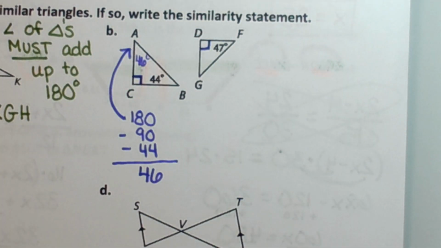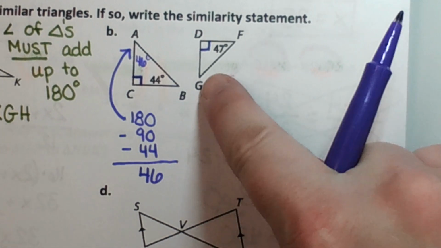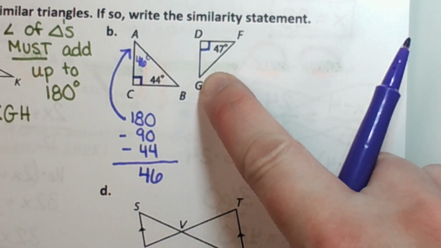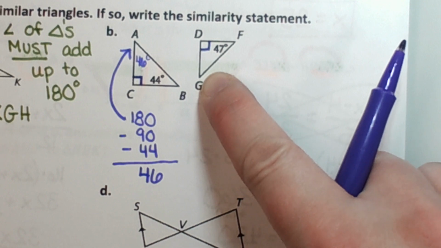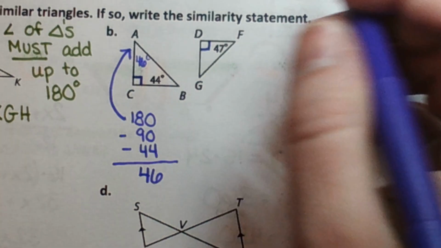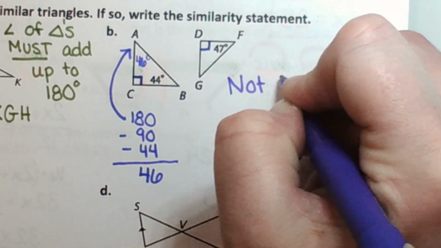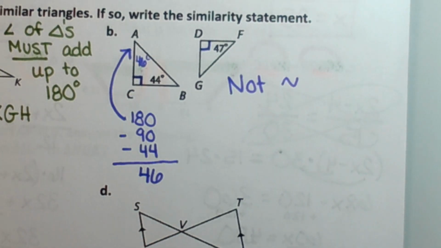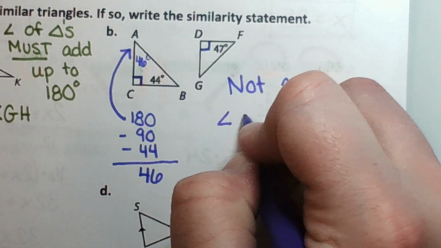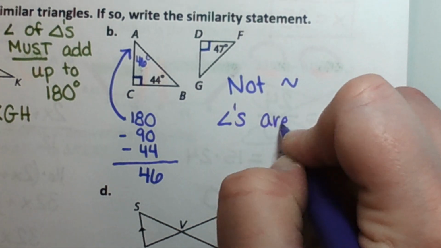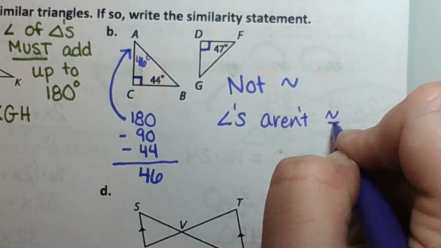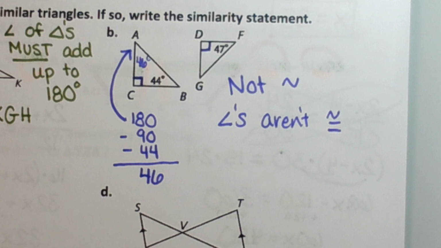Do we have two congruent angles? No, we do not currently. Finding this angle will not make it congruent. So, these ones are simply not similar. Because angles aren't congruent like they need to be.